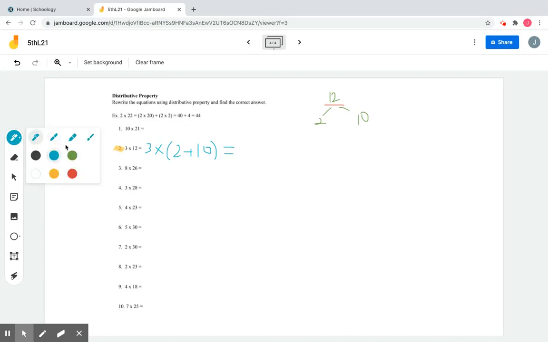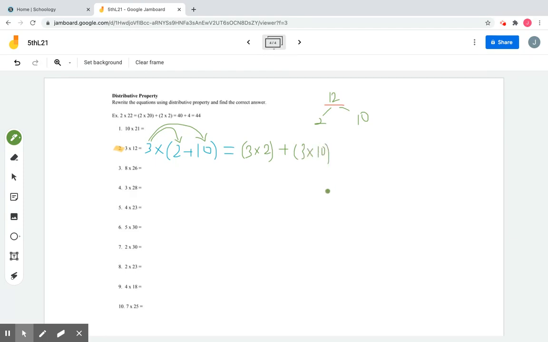And now I'm going to use distributive property. I'm going to multiply 3 with 2 here, and I'm going to multiply 3 with 10 here. Alright. So it will be 3 times 2 plus 3 times 10.